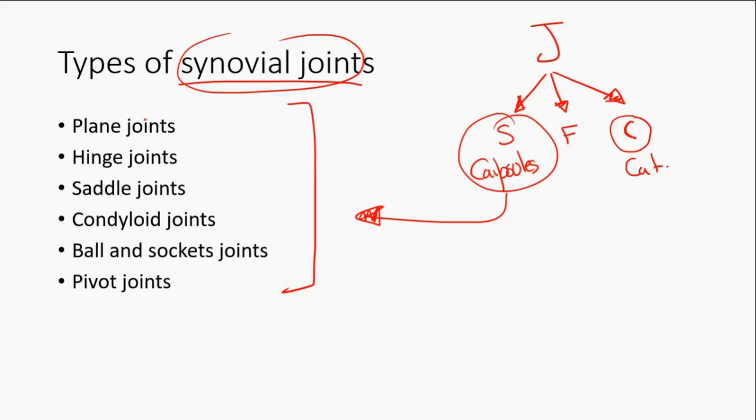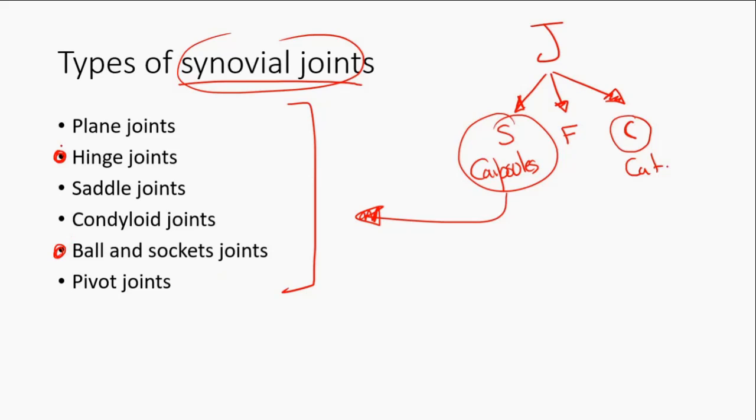But why is it that you can rotate your shoulder and lift it up and down and sideways, whereas for your elbow joint, you can only flex and extend? You can't turn your elbow joint inwards. The answer is that these two are different types of synovial joints. The shoulder joint is a ball and socket joint, whereas the elbow joint is a hinge joint.